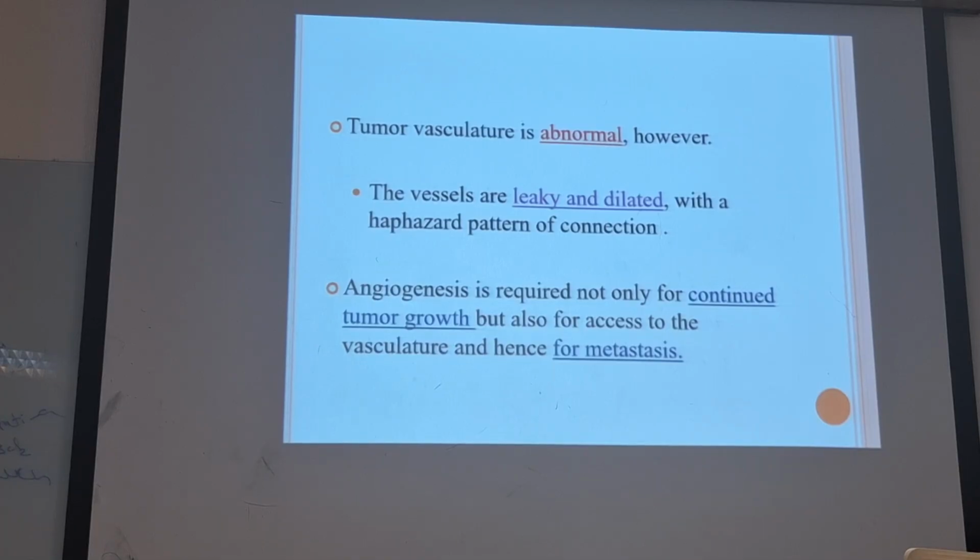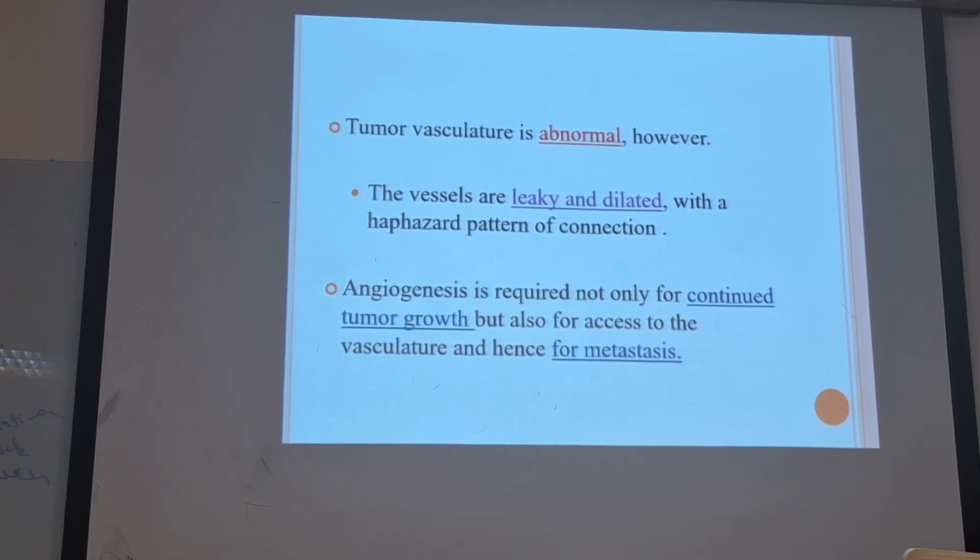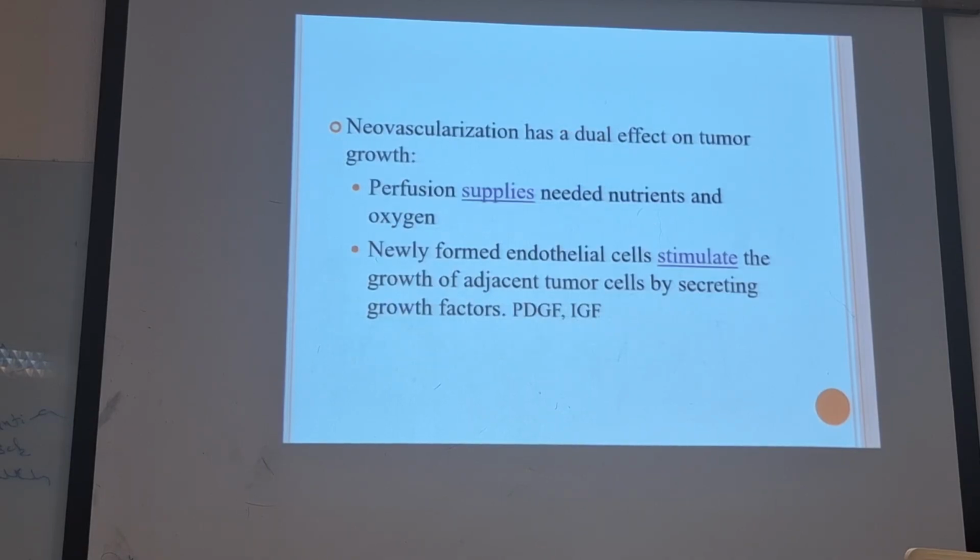We said that finally the tumoral cells prefer to spread through the body, and for this spreading and metastasis, they need vessels. So the tumoral cells need vasculature for nutrients, for oxygen, and also for spreading and for metastasis.